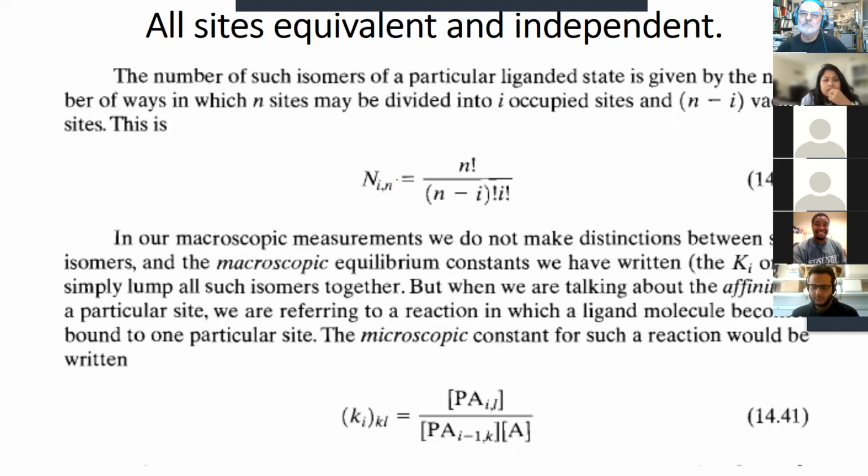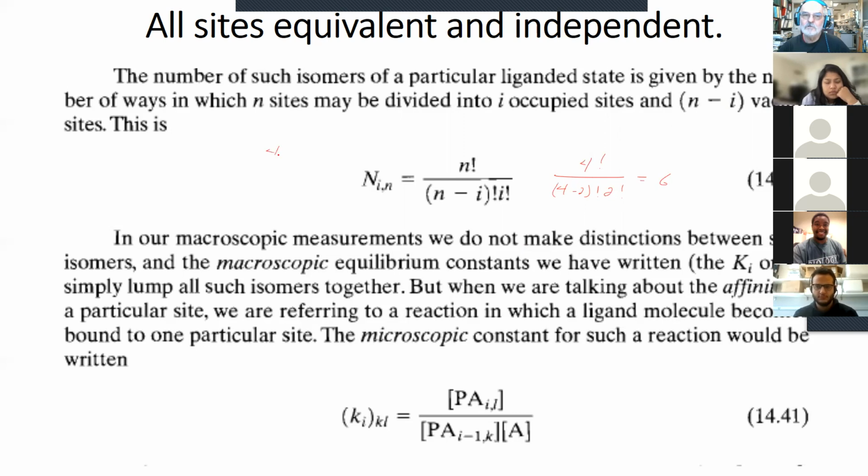And the way you determine how many different forms there are for any ligation state is this equation, where it's n factorial over n minus i factorial over i factorial. So in this case, it's reflecting the number of sites and the number of ligands. So if we have 4 sites and we have 2 ligands, this is what you get, and that's 6.